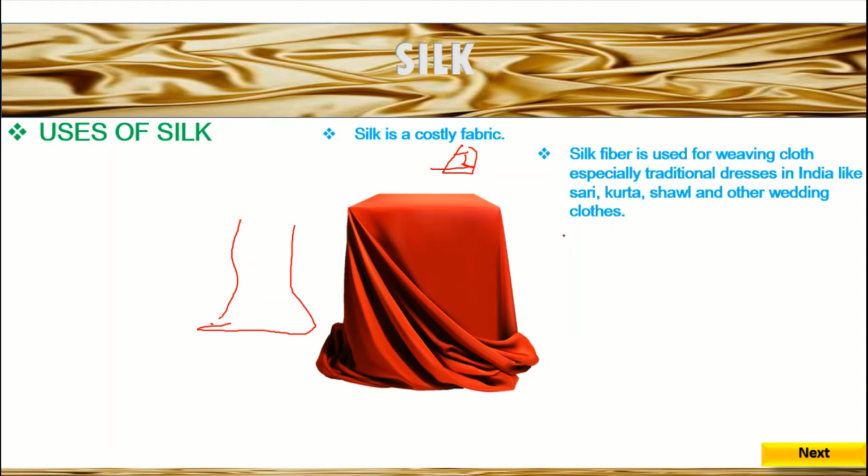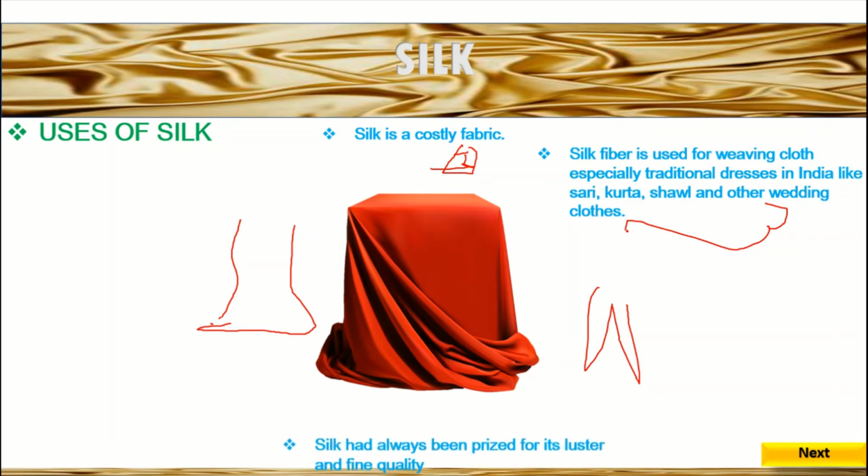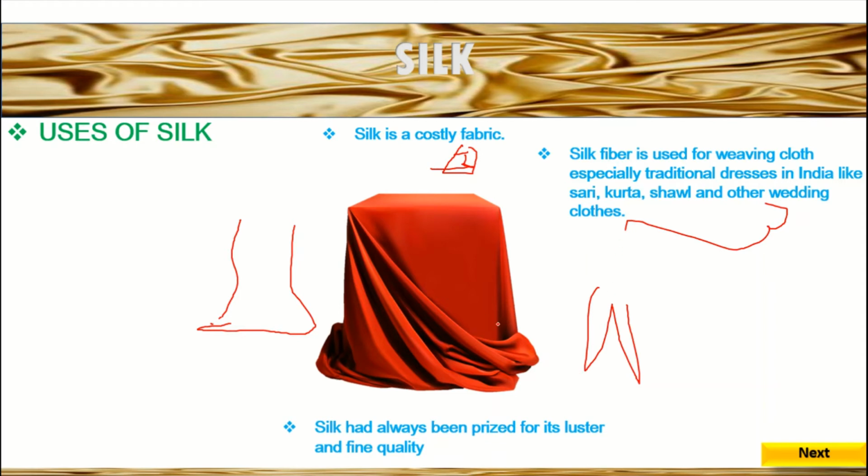Like saris, kurtas. We look very beautiful while wearing these, mainly at weddings, right? Silk has always been prized for its luster and fine quality. So what is luster here?